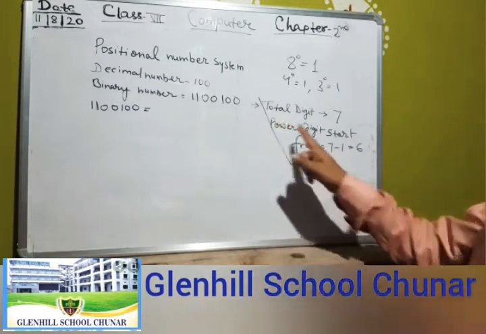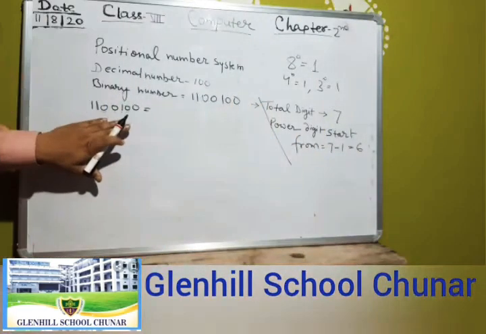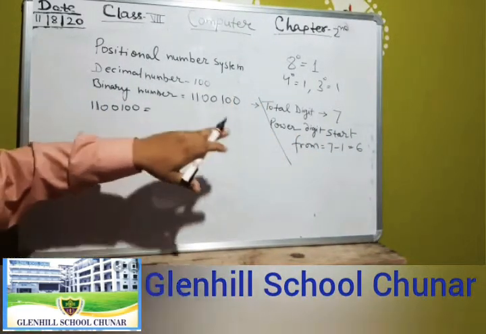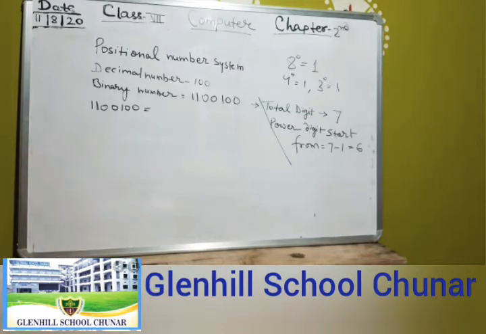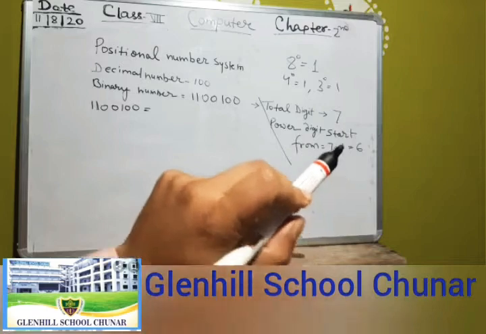Clear, students? Your total digit is 7 and the power starts from 7 minus 1, that means 6.